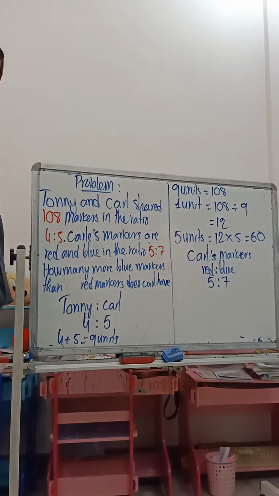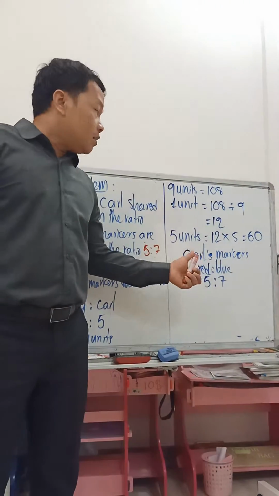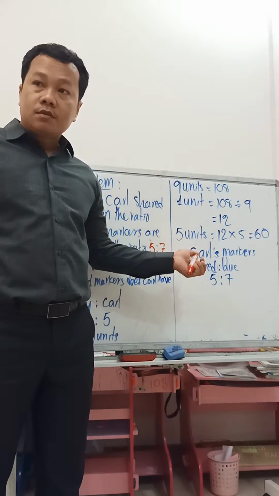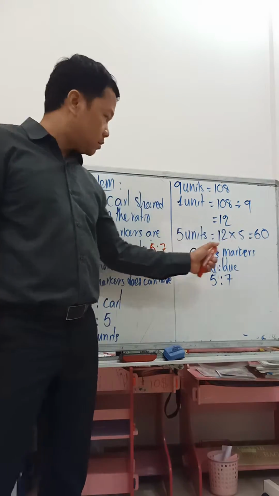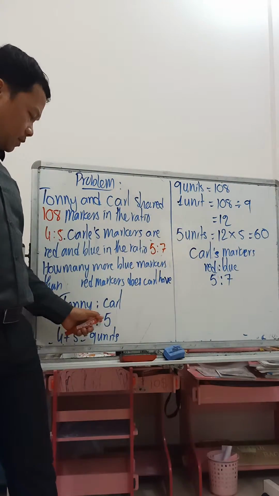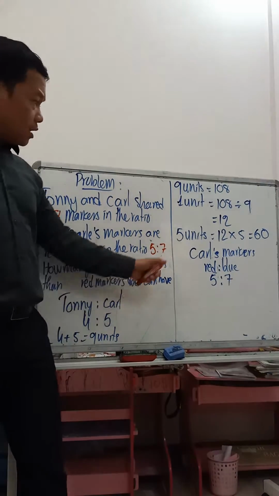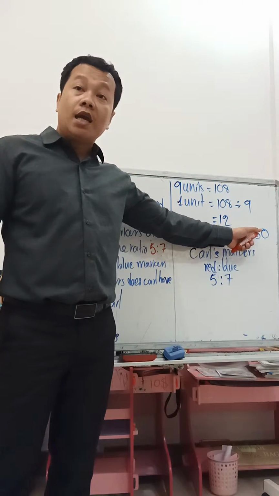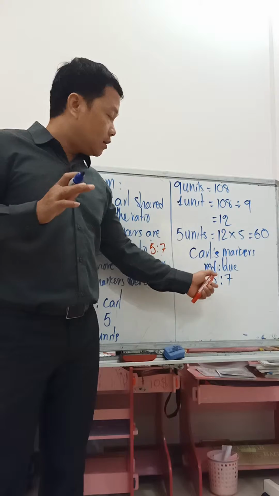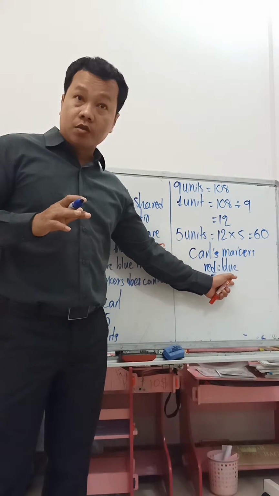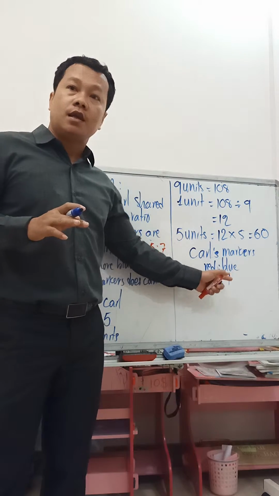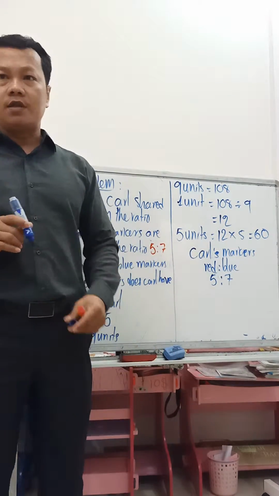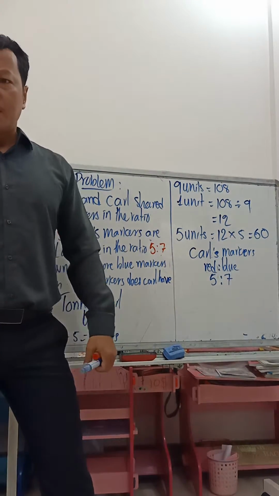Get it? And Carl has how many markers? Carl has 60 markers. And all the 60 are red and blue, and they share the ratio 5 to 7. Get it?